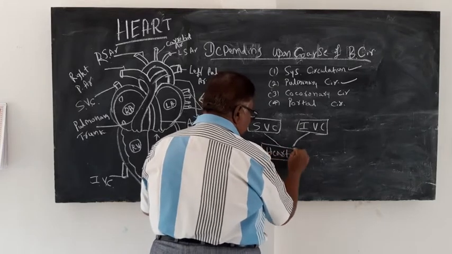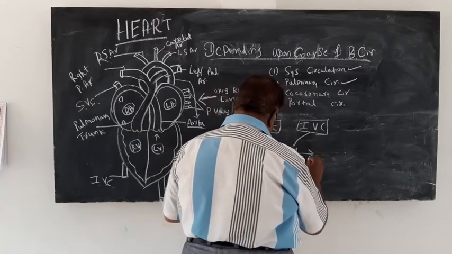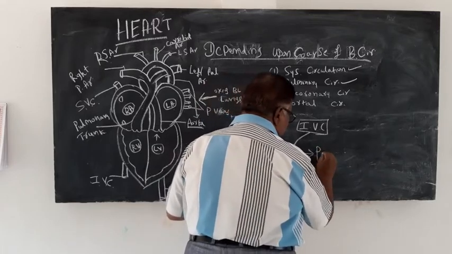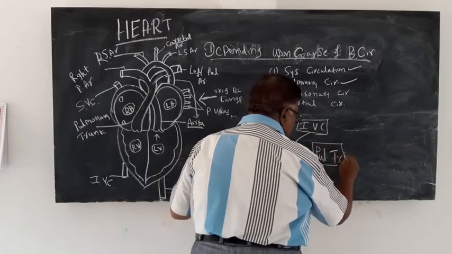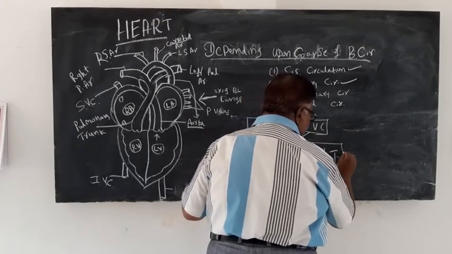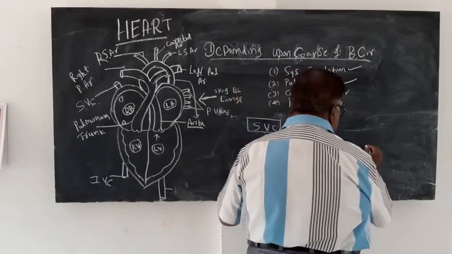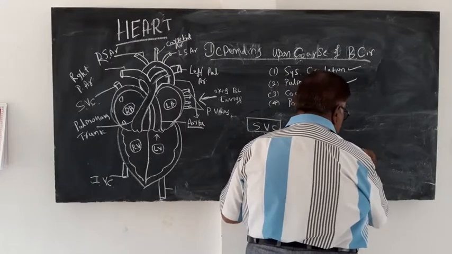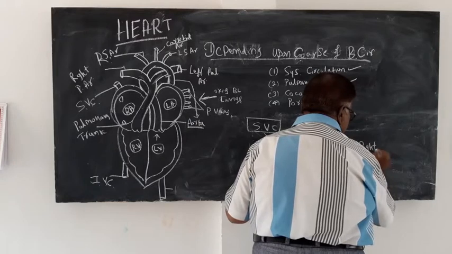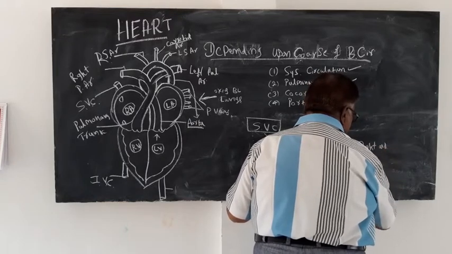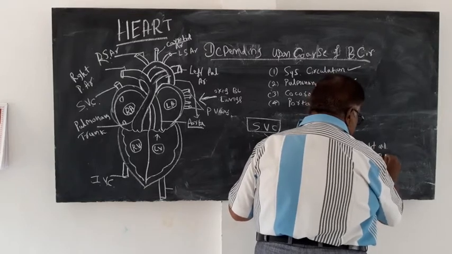That is, the venous blood comes to the heart. From the heart, it goes to the pulmonary trunk. From the pulmonary trunk, it moves to the right and left pulmonary arteries.